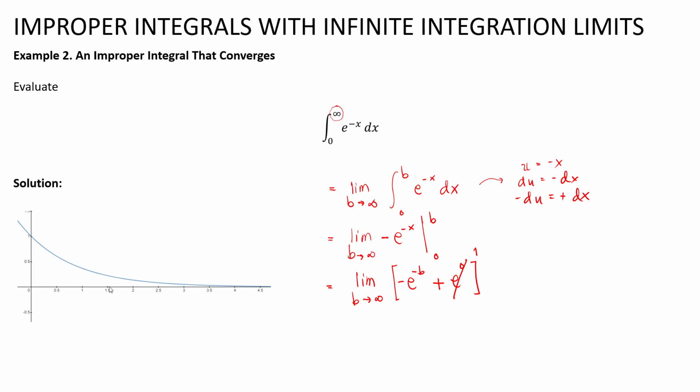If we're going to try to evaluate this one, let's plug in negative e raised to negative, let's say 99, or you start off with 9 first, to see the pattern if it approaches negative infinity or it approaches 0 and so forth. So let's try to see.